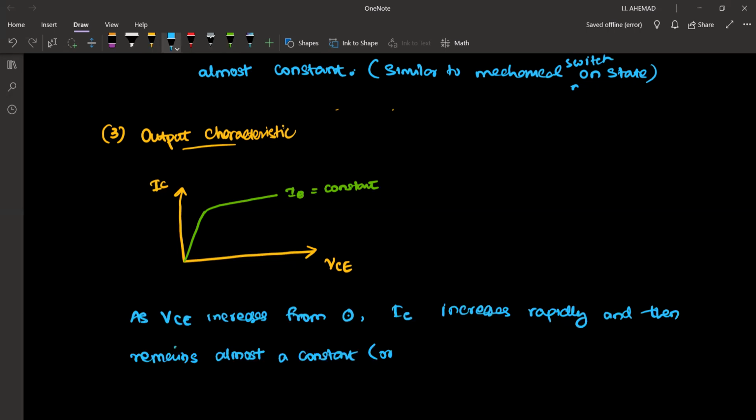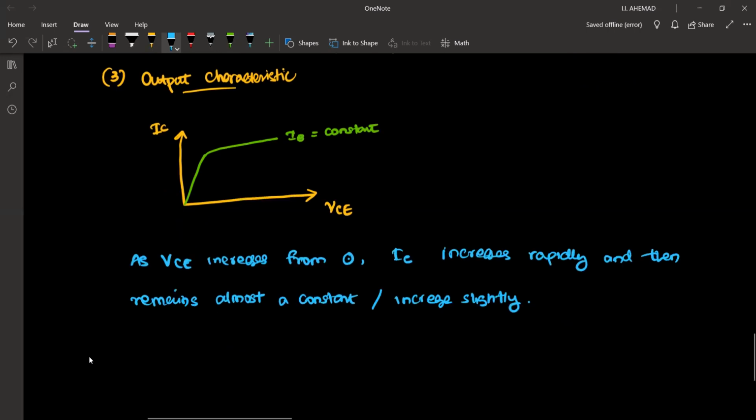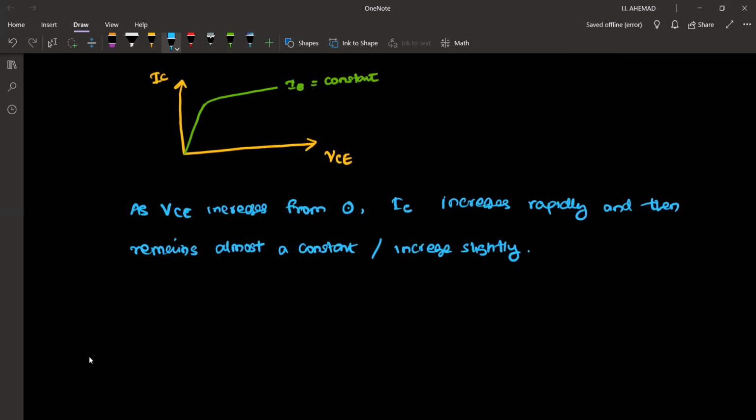Or increases slightly. No, let's say it remains almost constant. That is enough.